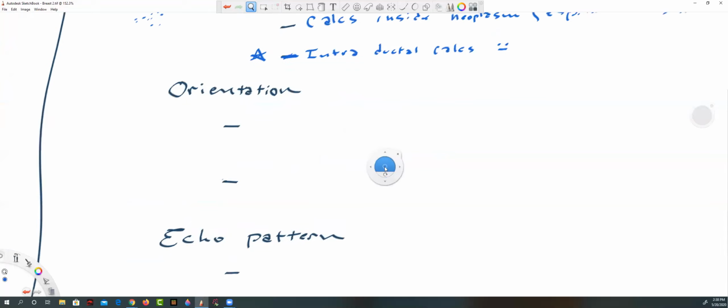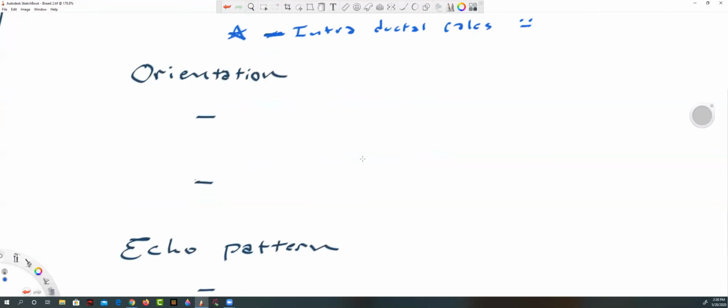Orientation. This is a good one too. Orientation, not sexual orientation, of the mass. Wider than tall, as in you're looking at the mass and it's more or less shaped like that. Good. We like to see wider than tall.